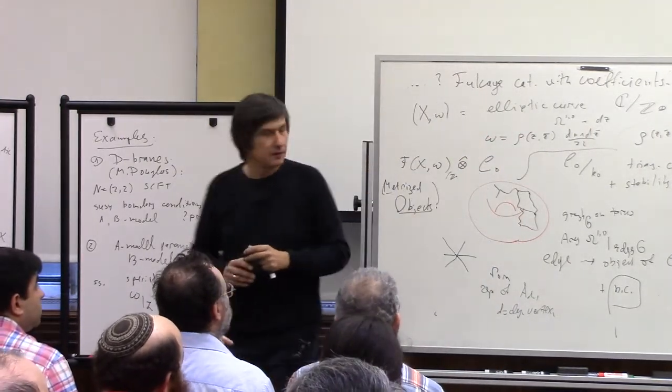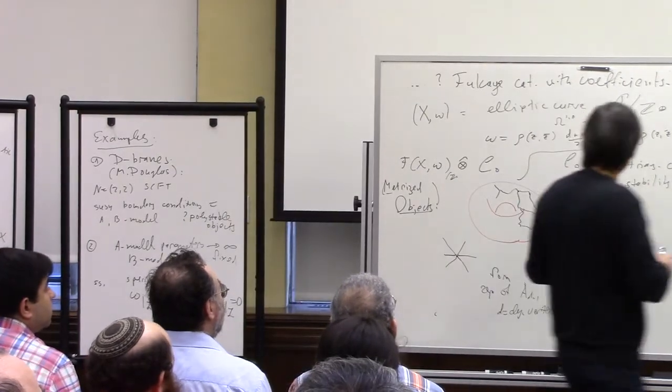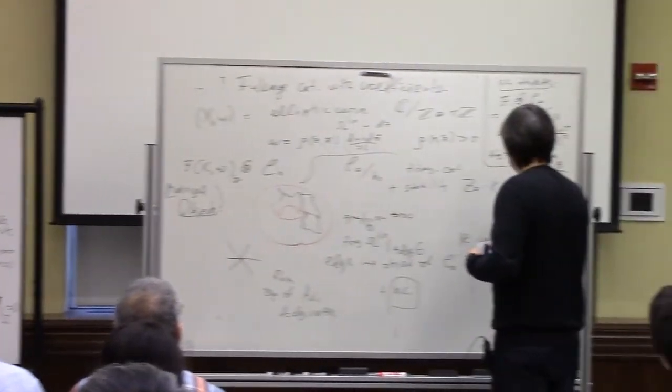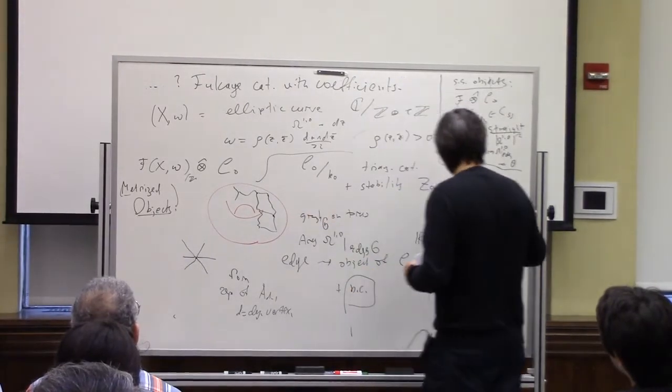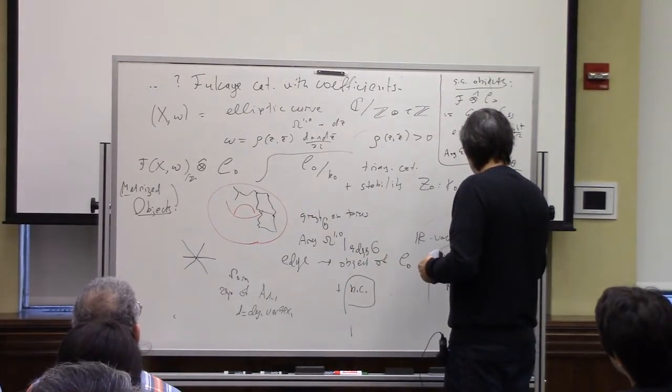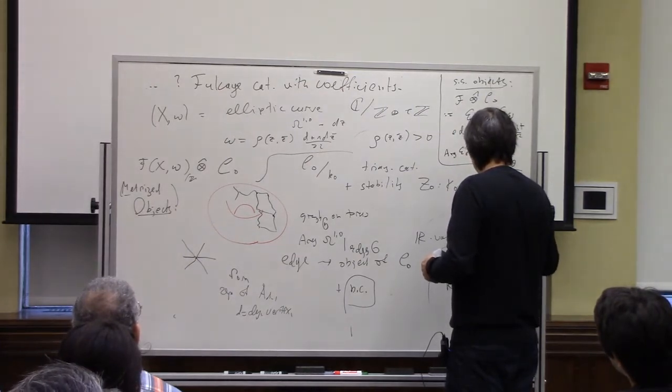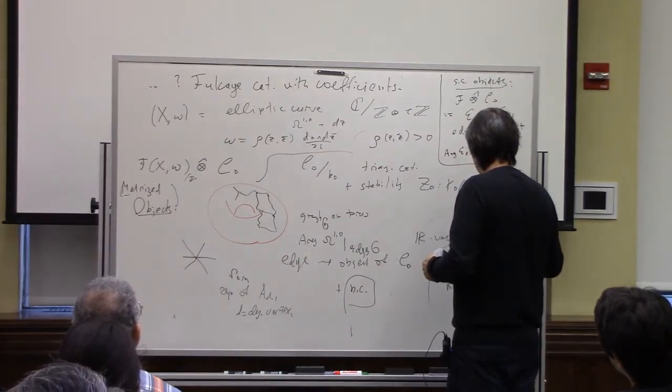The central charge: you integrate. If you get this Lagrangian manifold, you sum over all edges. You get the central charge of the corresponding object, and multiply by the integral of omega over the edge.